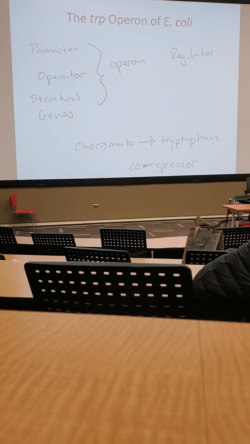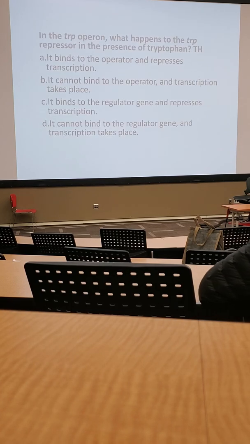Just with this information, that tryptophan is a co-repressor, you should be able to answer the next clicker question. The question is, in the trp operon, what happens to the repressor in the presence of tryptophan?